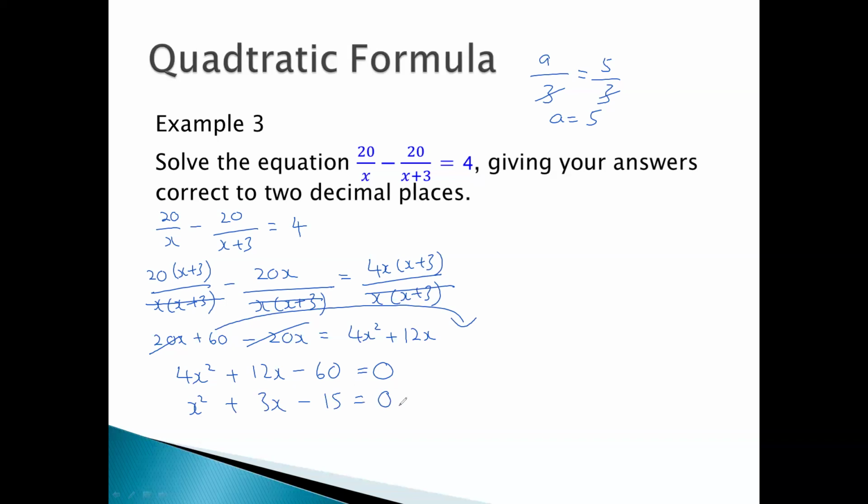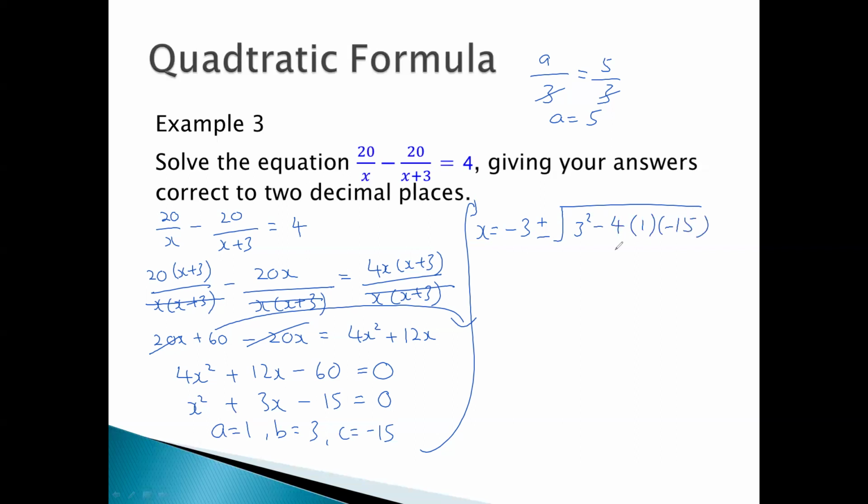Okay, so now again, I've simplified it into the proper quadratic equation format. So I can do the quadratic formula. So a = 1, b = 3, c = -15. So let's do it up here. x = -b ± √(b² - 4ac) over 2a.